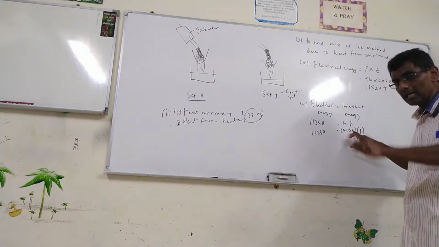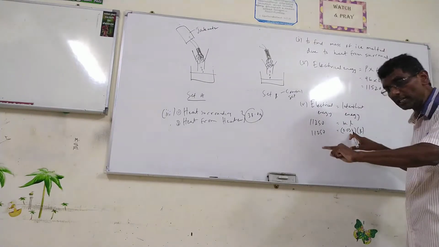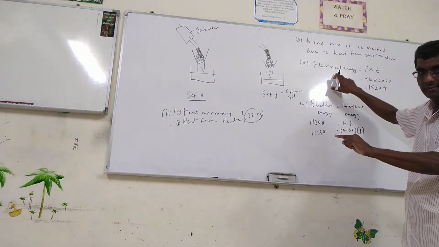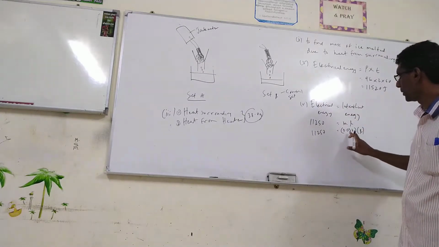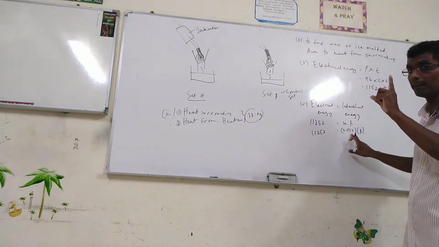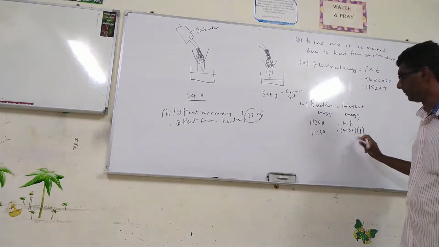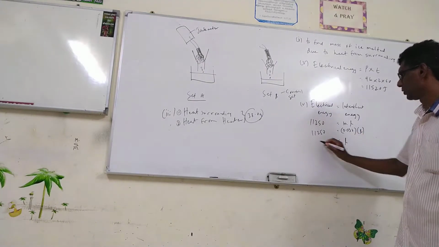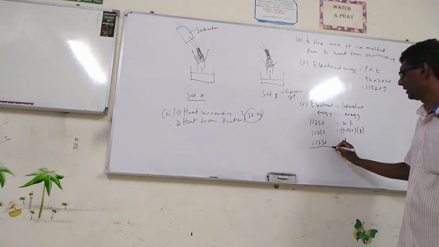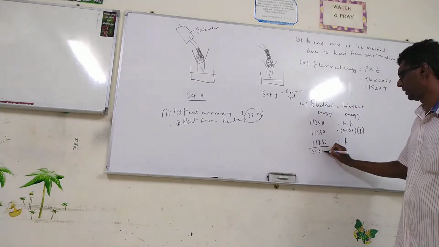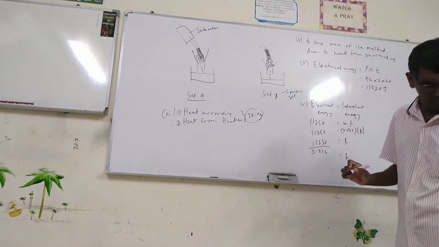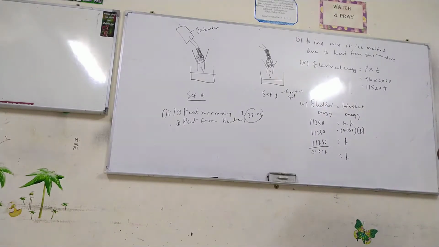The ice melted because of heater only. Heater is electrical energy. So 0.032. It's not 38 gram, it's 32 gram only. 0.032 L. So 11,250 equals 0.032 L. I don't have the answer, but you can find the answer.